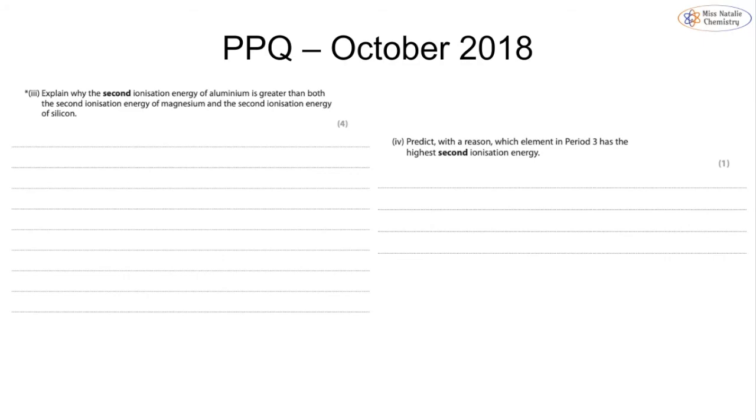Then we want to explain why the second ionization energy of aluminium is greater than the second ionization energy of magnesium and that of silicon. So we want to think about where the electrons are coming from. Magnesium is atomic number 12, aluminium is atomic number 13, and silicon is atomic number 14.